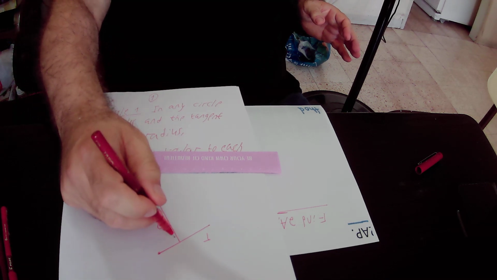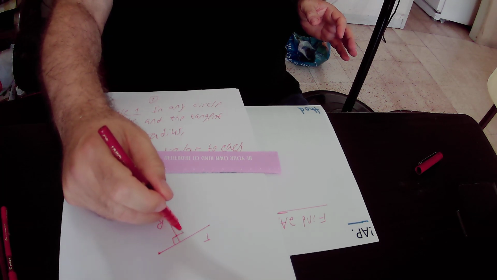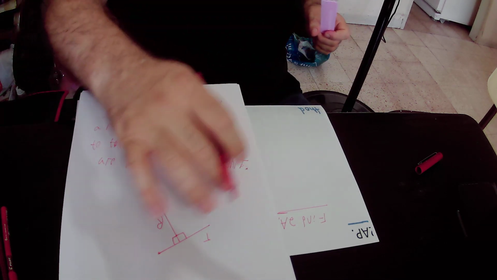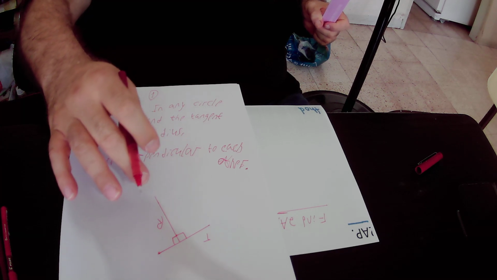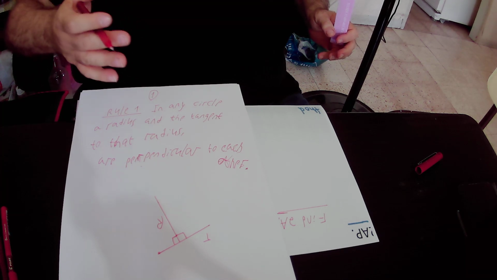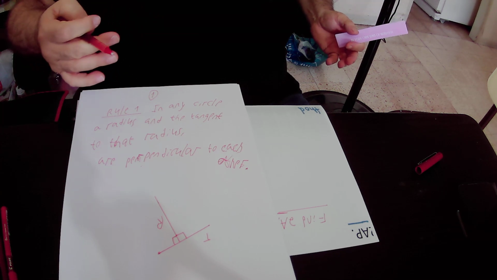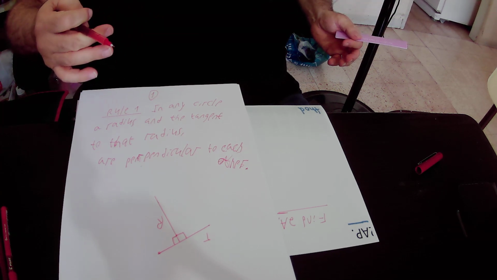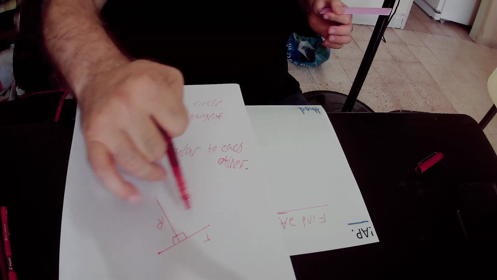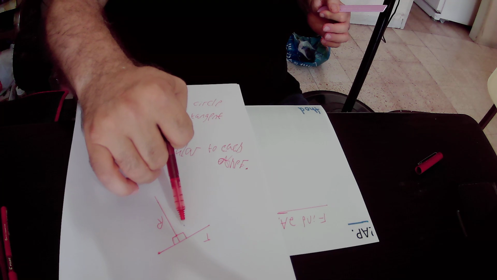That is to say, this angle is 90 degrees and this angle is also 90 degrees. Again, in any circle, the radius and the tangent to the radius are perpendicular to each other. The tangent to the radius is, of course, a tangent to the circle.